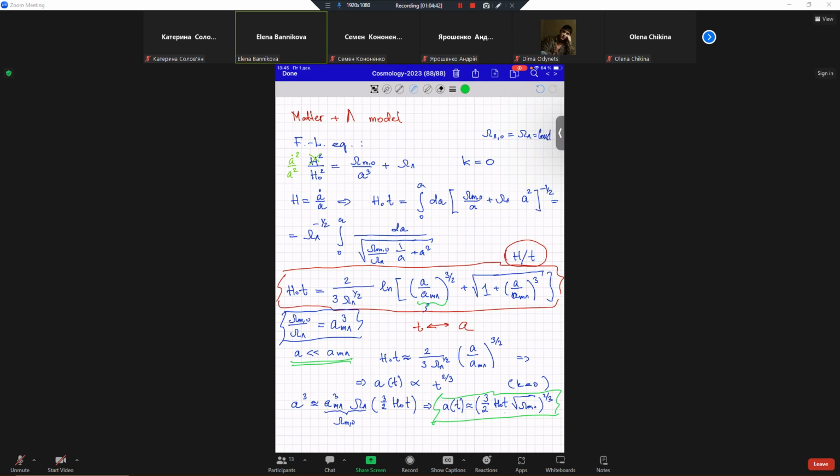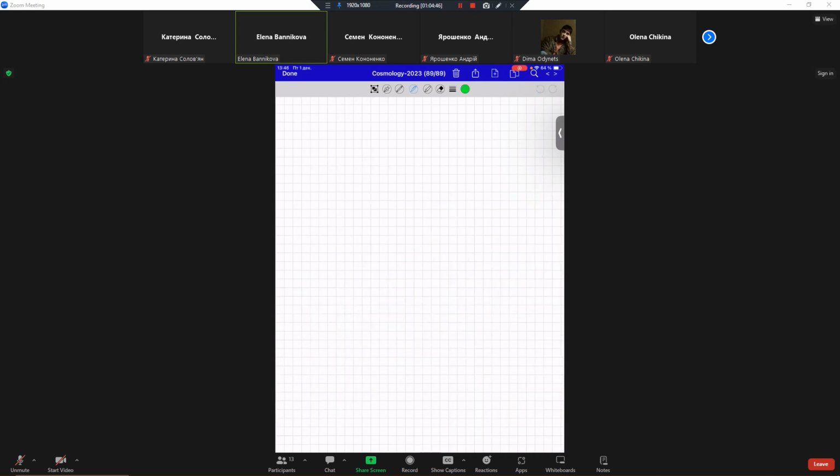Otherwise, in another case, when we go into the future, we have a situation when the scale factor is larger than a_mΛ. So this is the lambda term stage. In this case, we want to find the corresponding time.